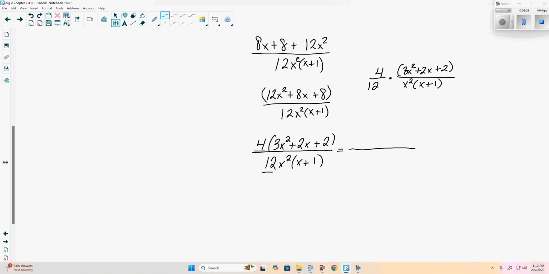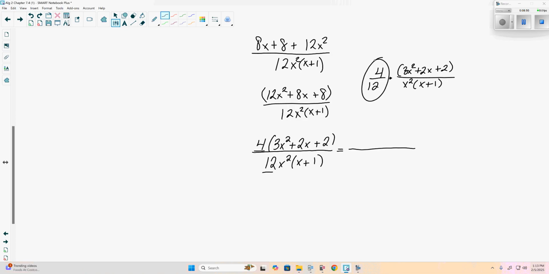We cannot do that with addition and subtraction. Because when we add or subtract two things, the denominators have to be the same. So if I were to split it up with addition, it means we'd have 3x squared over the x squared times x plus 1, plus 2x over the x squared times x plus 1. We split it into multiple fractions. It's not making it simpler. It's making it more complex. Multiplication, we can just pull the parts that we want.